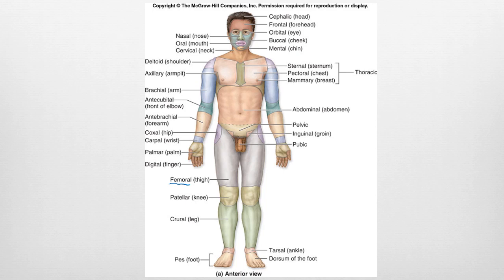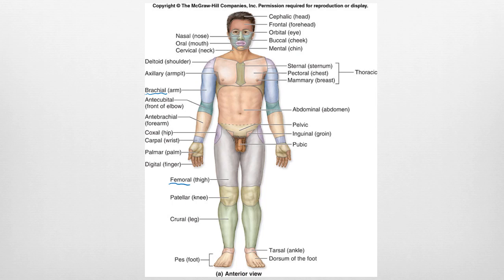Same thing goes for the upper part of the arm, which is the brachial region. And so that's going to tell us about things that are in that area. And so if we see a term like biceps brachii, we know that we should be looking in the arm rather than biceps femoris, which is going to tell us that we should be looking in the thigh.